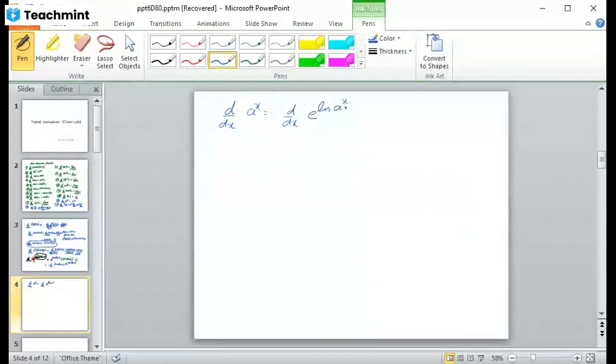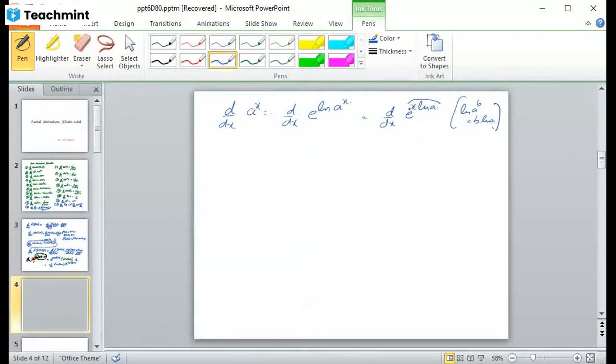So I can write a raised to power x as e raised to power log of a power x. So this can be written as d by dx of e raised to the power x times log a, using the property that log of a raised to power b is b times log of a. And now if we are differentiating, so again it is a composition of functions.